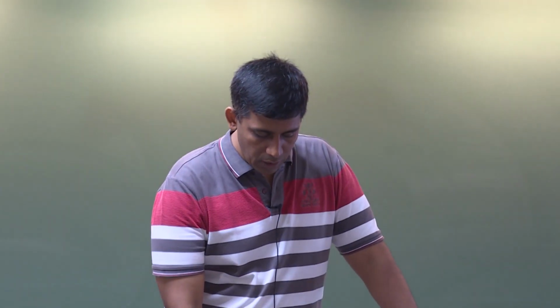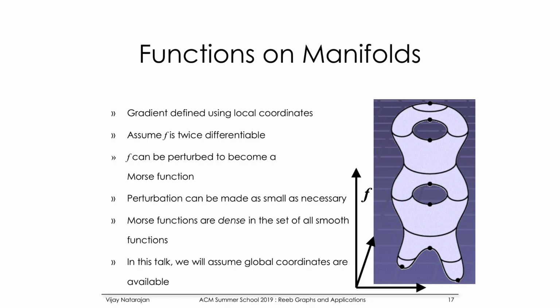Okay. So we want to define functions on manifolds. So the question you may want to ask is, how do I define gradients? This is a tricky question. So there are formal ways to do this. We will assume some kind of global coordinates so that I can define gradients. But usually they are defined using something called local coordinates.